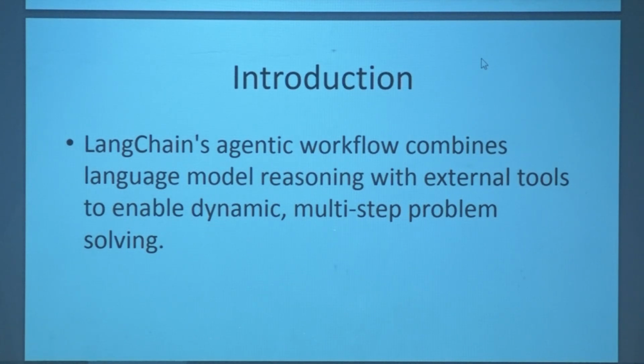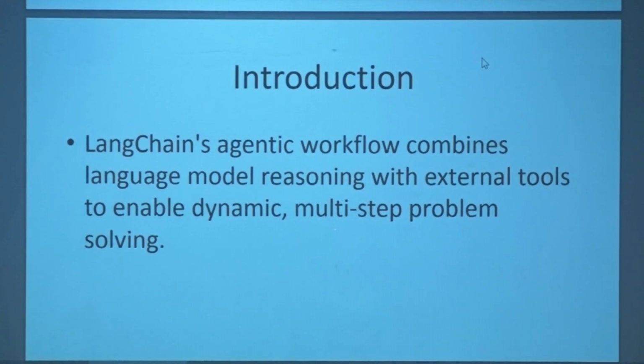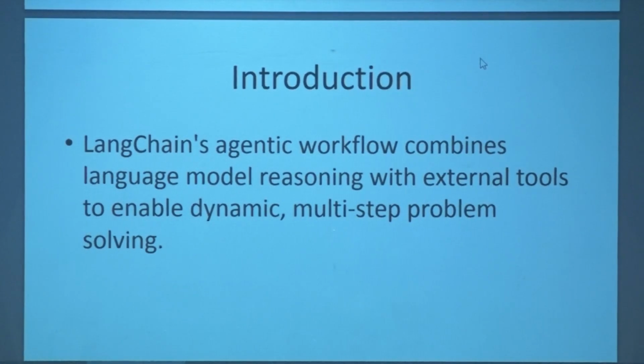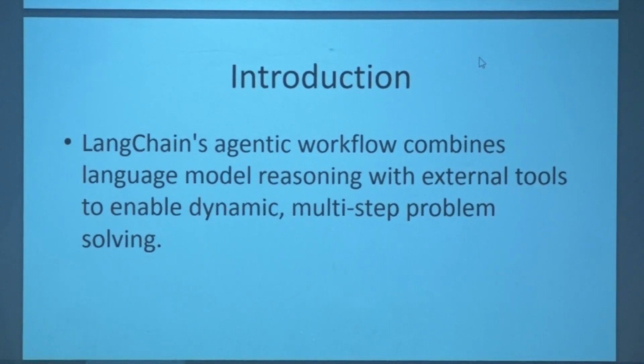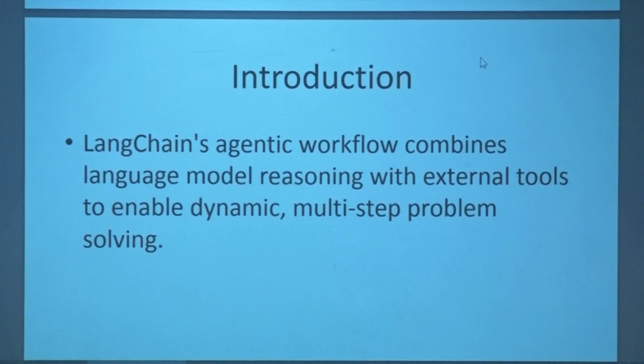This is not there in an LLM. An LLM can only answer questions. It cannot reason, it cannot think, and it cannot act, obviously. Whereas LangChain models or LangChain agents do that.